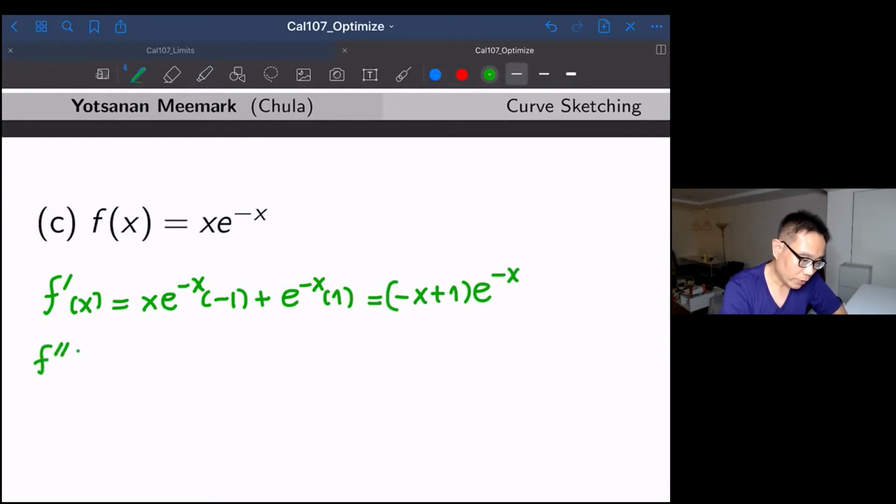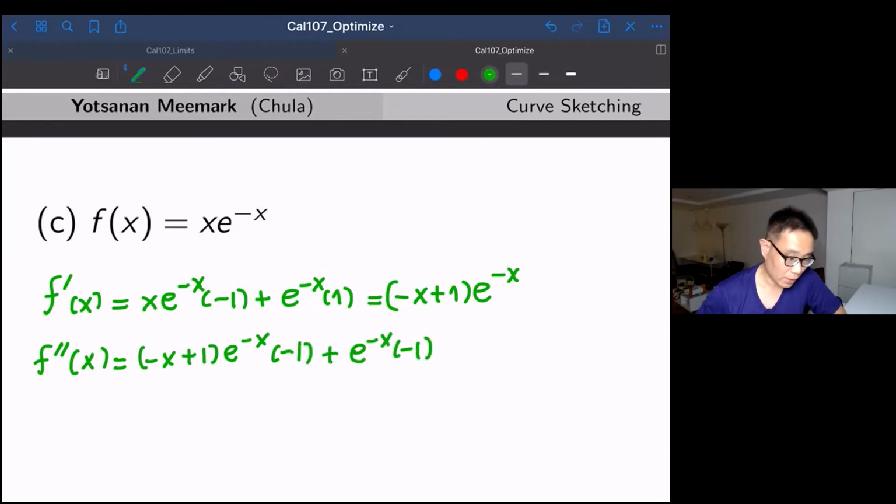And you're going to differentiate the second time. So you have negative x plus 1. So it's going to be the first derivative of the second plus the second derivative of the first, that you get negative 1.